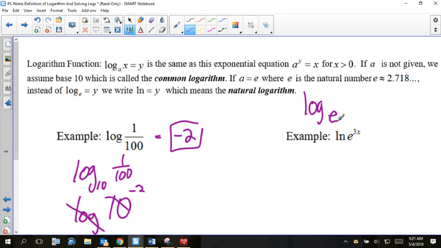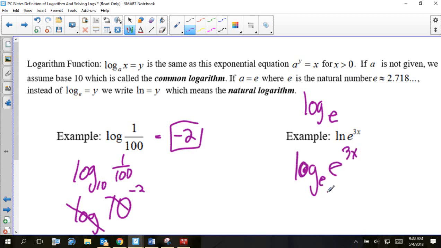E is a number that you guys learned about in Algebra 2. It's like 2.718, some other stuff. It's an irrational number. So these two, ln and e, are inverses of each other. So I won't write it as log base e other than this first time that you're just learning about it.